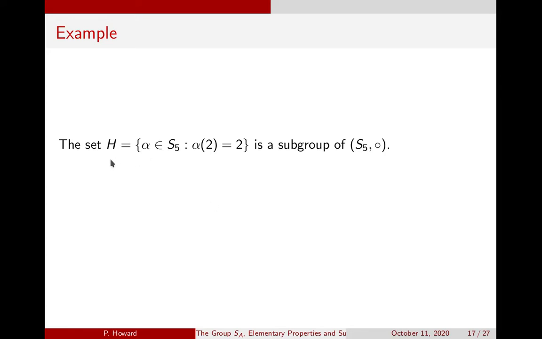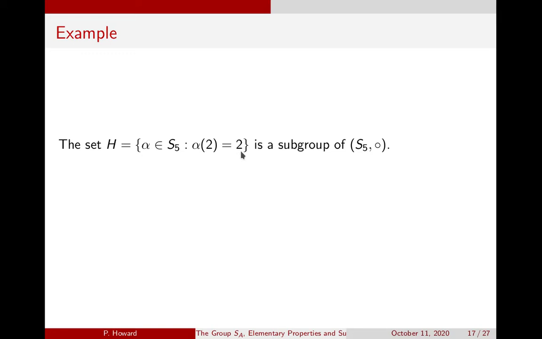Here's an example involving permutation groups. We are looking at the group S sub 5, so this is all permutations of the numbers 1 through 5 and the operation of composition. And the set we're going to show is a subgroup is the set of alpha in S5 for which alpha of 2 equals 2.